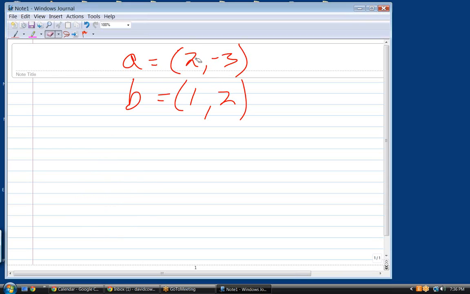It'll make more sense. Let me make A -2, 3, and let me make B 3, 6, and we're going to work with this problem, and then once we figure out how to do this problem, we'll know how to do yours.